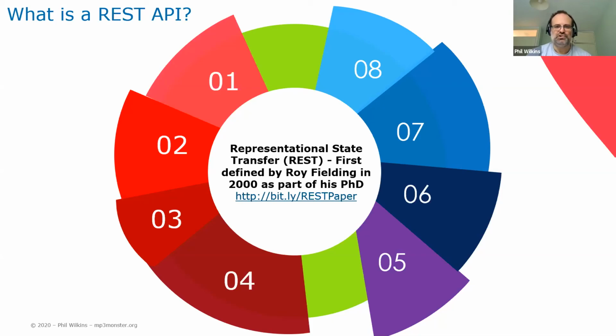So Roy identified a number of key factors in his paper, some of which are well understood and recognized, and there's a few in there that I've seen trip people up, so I thought it's worth just going around and calling them out. So when we think about REST, we think about these 6 or 8 key points.